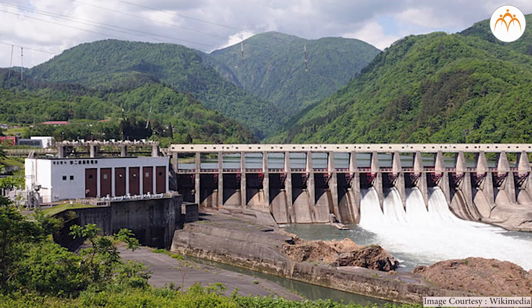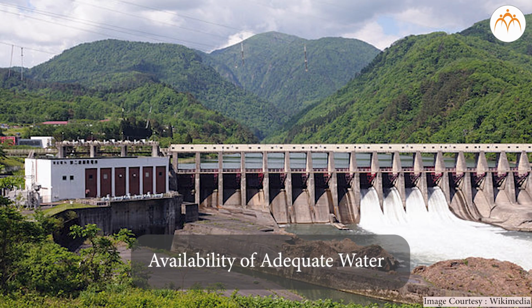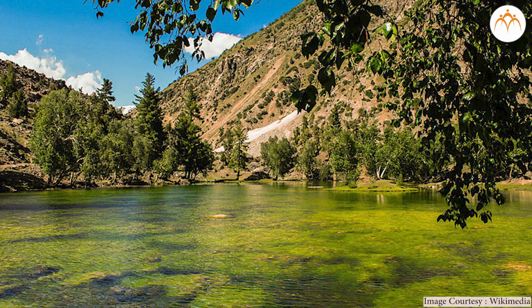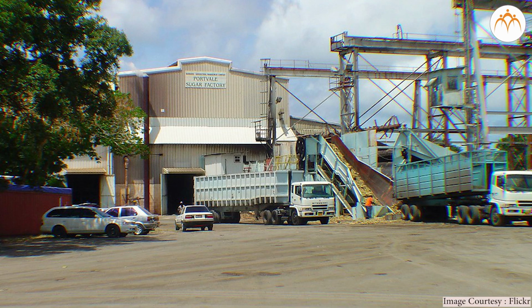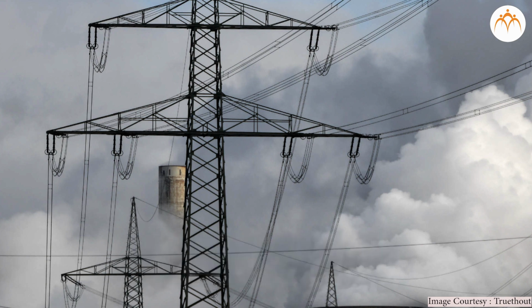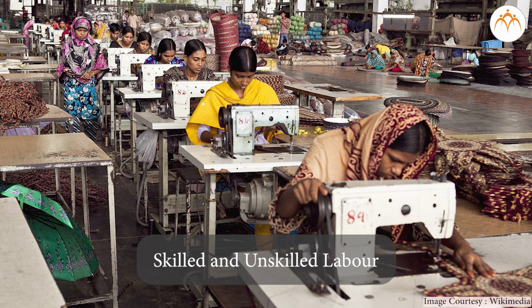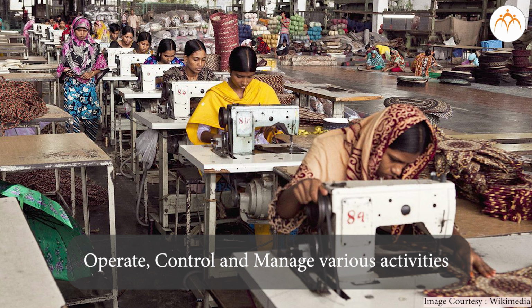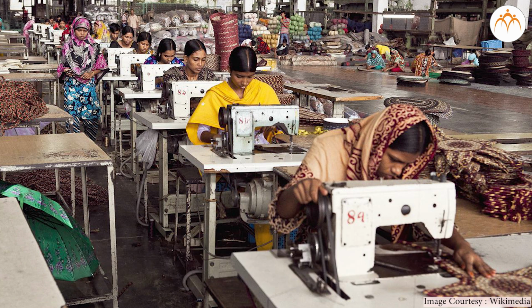Since the cost of land is more in cities or towns and availability of land is less in densely populated villages, towns and cities, it is observed that large scale manufacturing units are usually located on the outskirts of such towns and cities. Ease of availability of adequate water from natural water resources such as lakes or rivers favors establishment of industries in regions closer to them. Uninterrupted power supply on a daily basis is needed for industrial operations or processes, and skilled and unskilled labor or manpower is required to operate, control and manage various activities in any industrial organization.